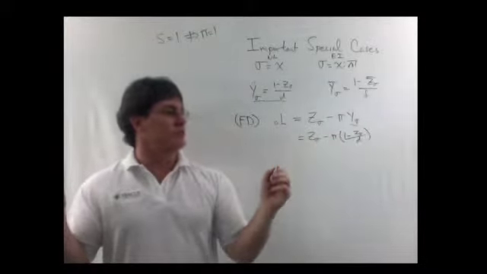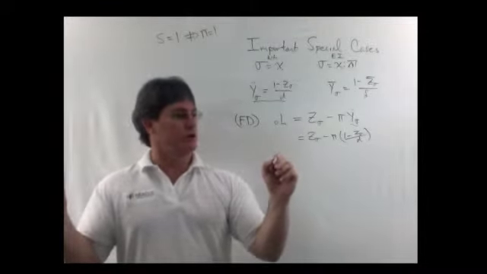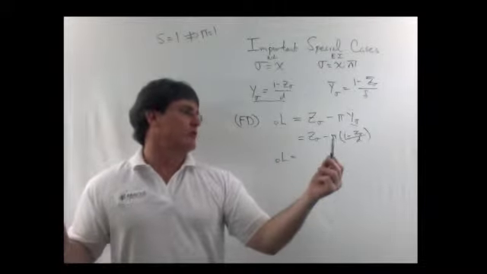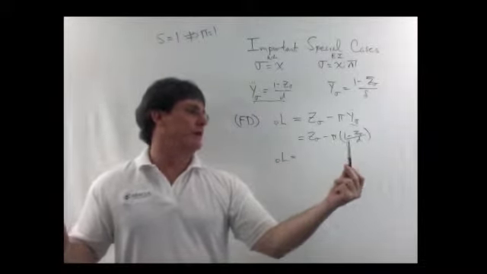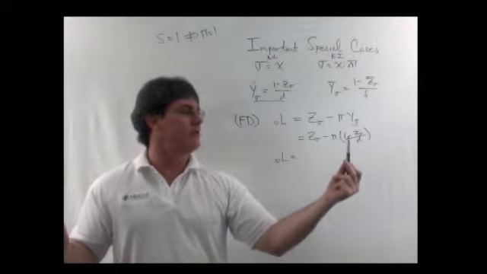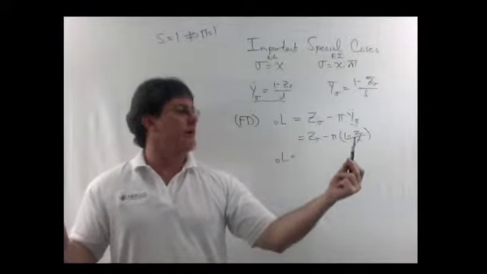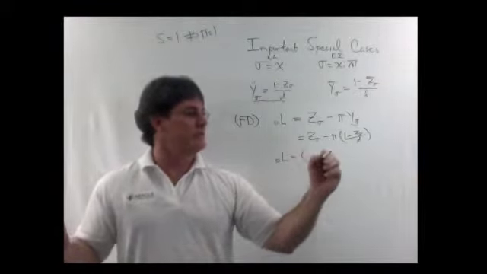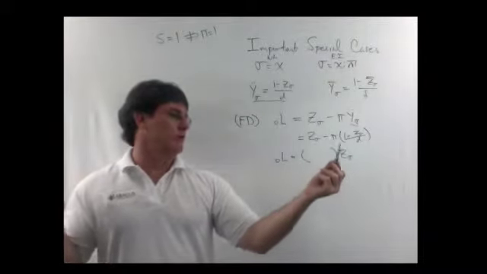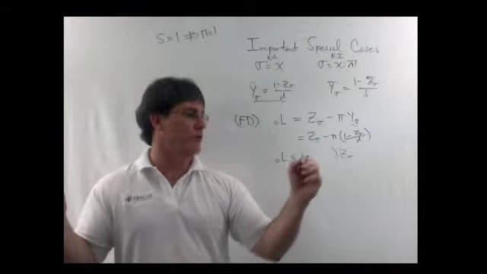Now let's rearrange some terms a little bit. One convenient way to write this would be to rewrite the one-term expression in the parentheses as a two-term expression, 1 over d, and then minus the cap Z over d. Distribute the pi, and then let's collect the cap Z sub sigma terms. When I factor out a cap Z sub sigma, from this term I'm going to get a 1.